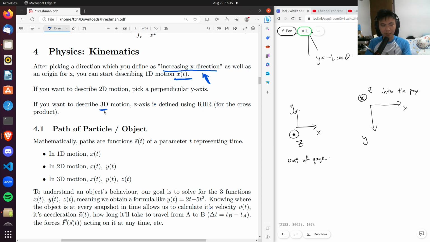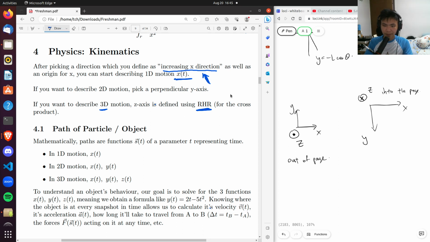The moment we introduce 3D, there's a product called a cross product between vectors, and in order for this cross product to match our rules for the right hand rule, where we use our right hand to define the cross product, we need to pick the z direction to be x cross y.